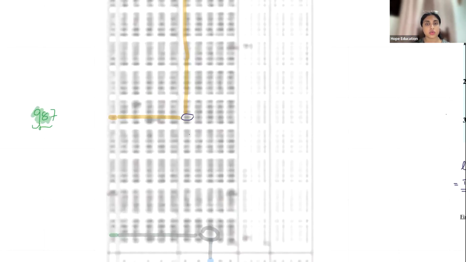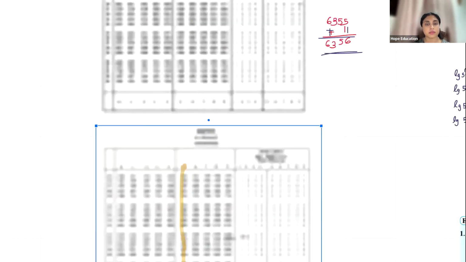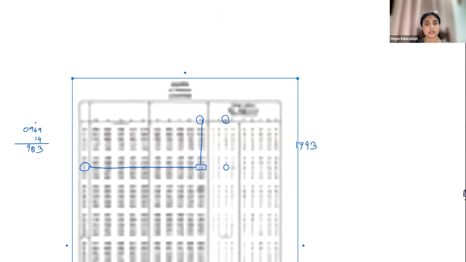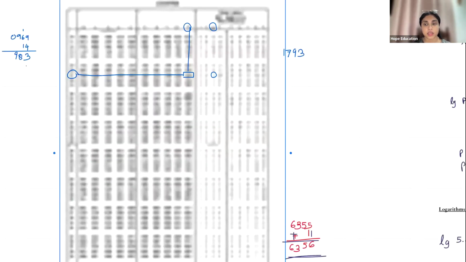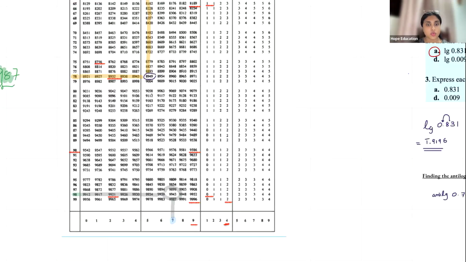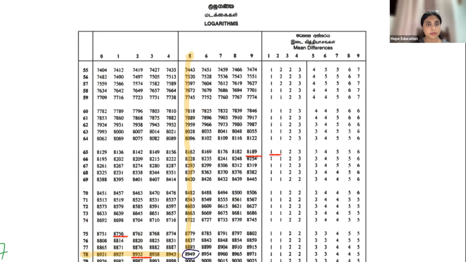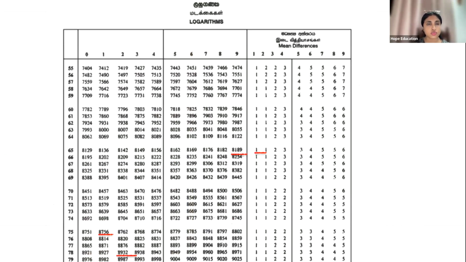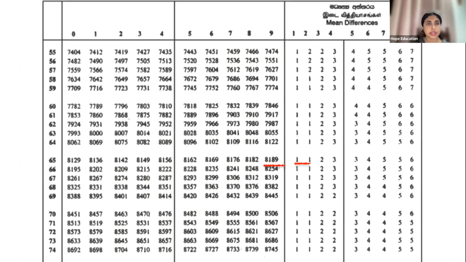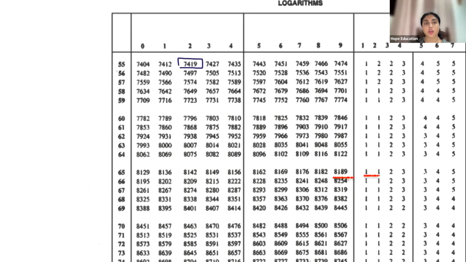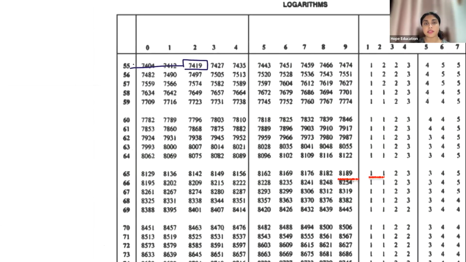The log table is not loading properly. 7421. Let's see. 7421 should be here, ne? 7419 ඉන්නවා. එයාට correspondent මෙතන තියෙන 55, මෙතන තියෙන 2.